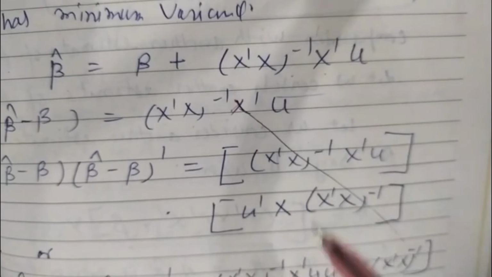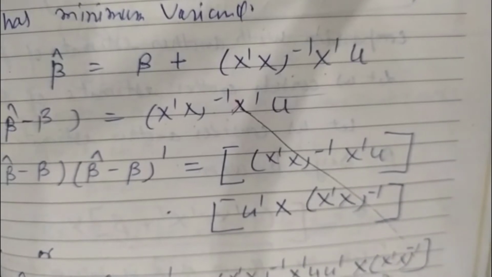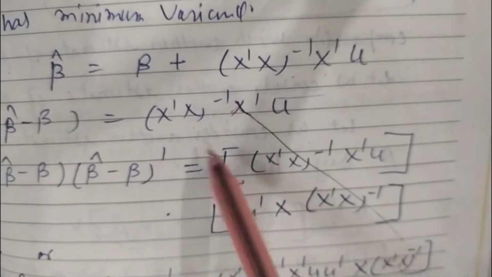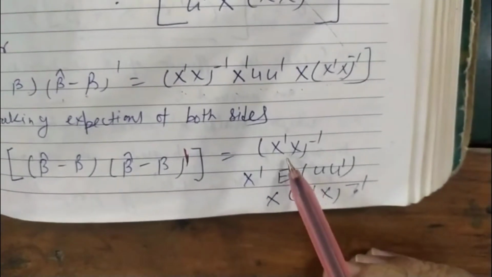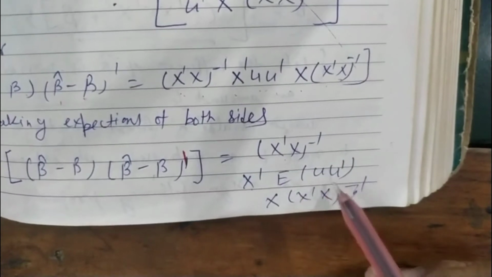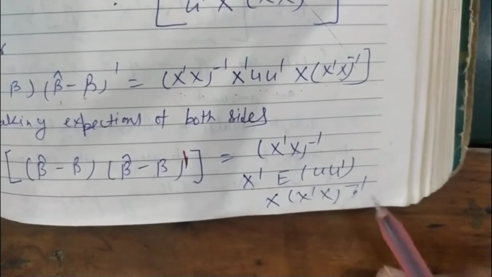After multiplying, we get (X'X) inverse X'u u' X (X'X) inverse. Taking expectation of both sides, E[(estimated beta minus beta)(estimated beta minus beta) transpose] equals (X'X) inverse X' E(uu') X (X'X) inverse.